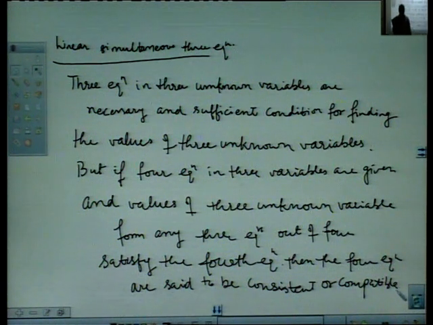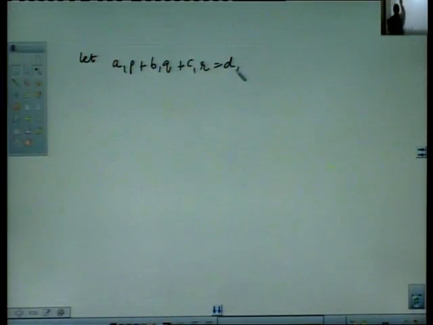Now, the condition for consistency is: let A1P plus B1Q plus C1R equal to D1, be the four equations.